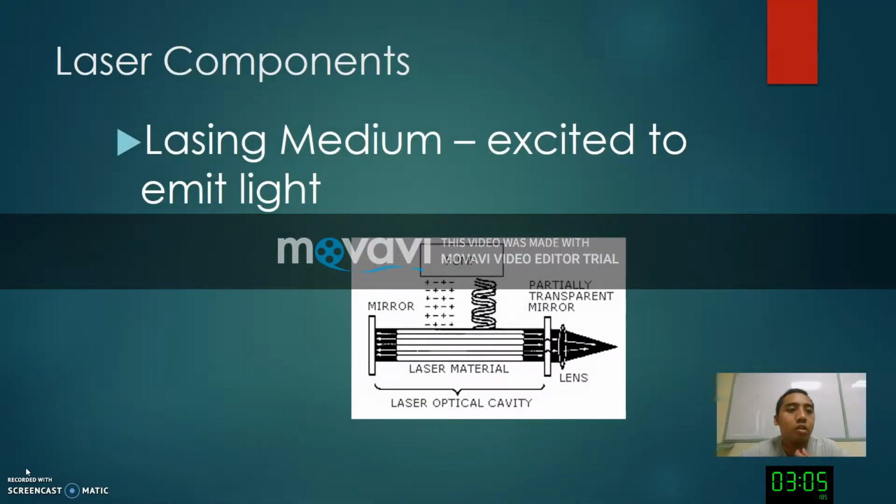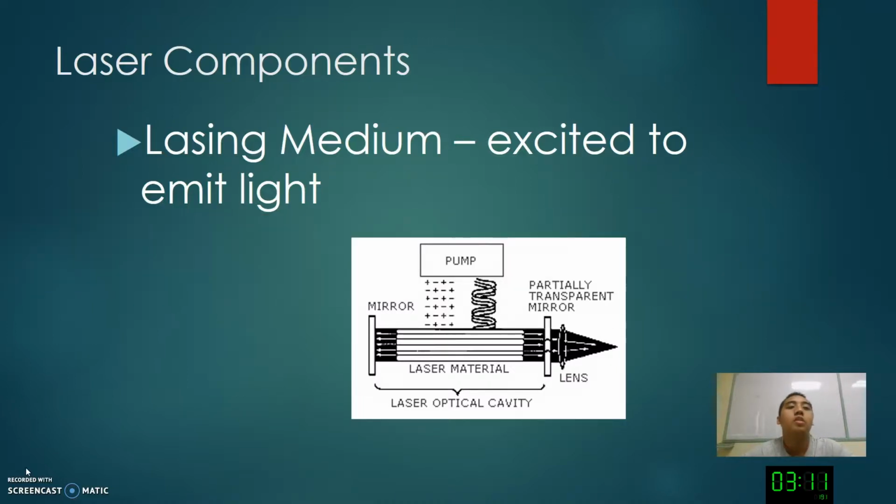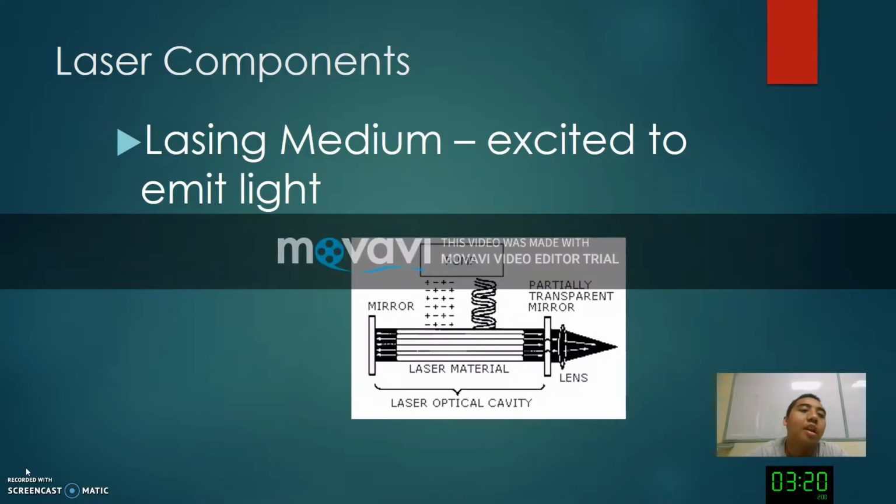Next, we'll talk about the laser device components, which are common among most lasers. First is the lasing medium. The lasing medium can be a gas, solid, or a liquid, which is then excited to emit light and generate photons.